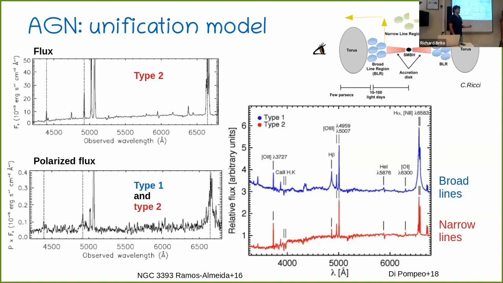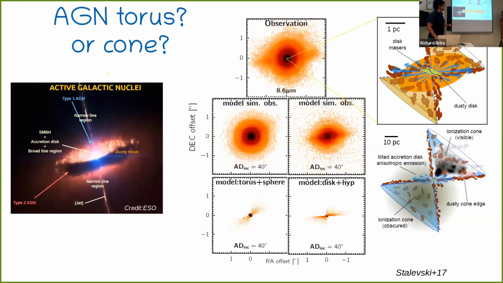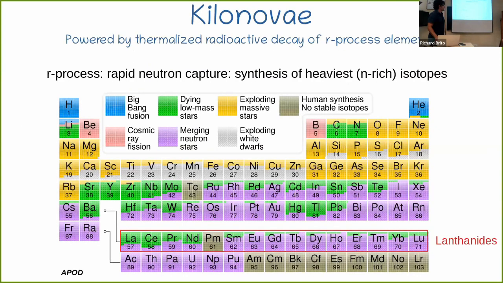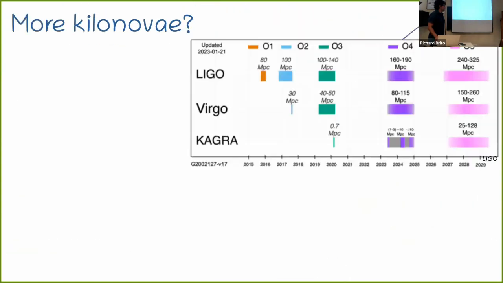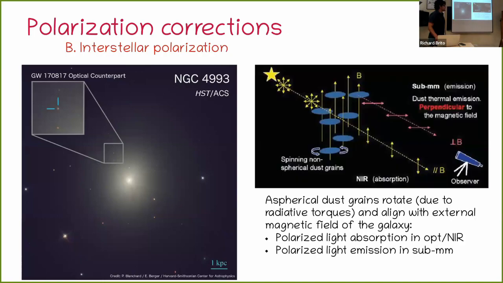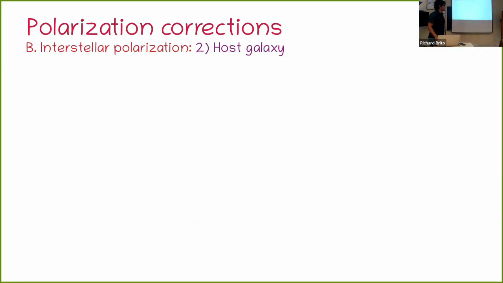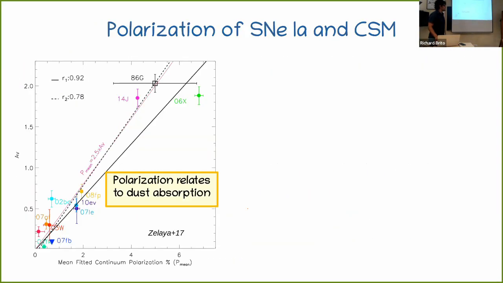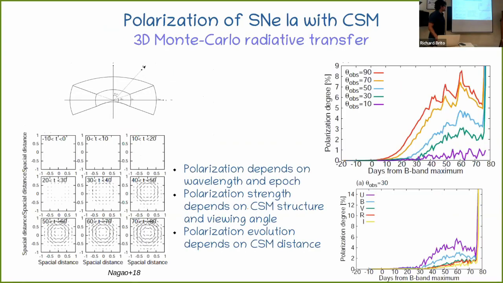And polarimetry can definitely help you because, as I showed, you can see if there is nearby dust. With these last plots that I was showing you, the idea is to figure out what kind of dust is around supernovae. Is it nearby or not? These CSM are basically dust structures, and these dust structures absorb your light, so they make your object fainter but also redder.